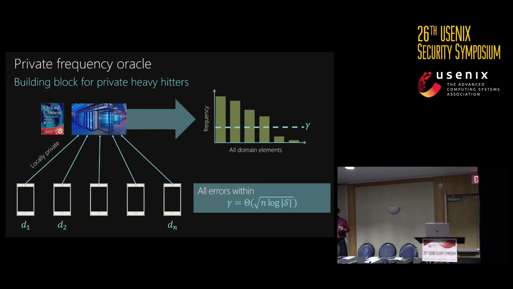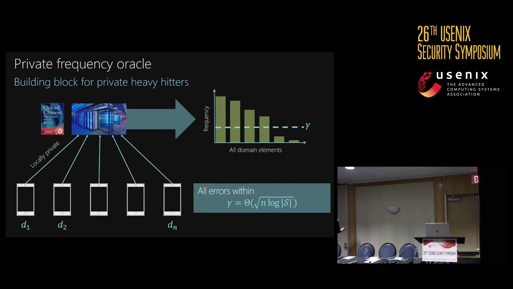And when I say low error, here the error is on the order of square root of n log of the domain size. And notice that there is a theta here, which basically means under the constraint of privacy, you cannot achieve better error than this. So this is the tight bound on the error. And remember in the heavy hitter part, I did not define what gamma was.